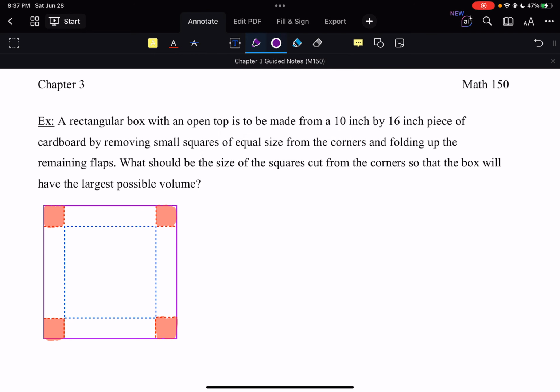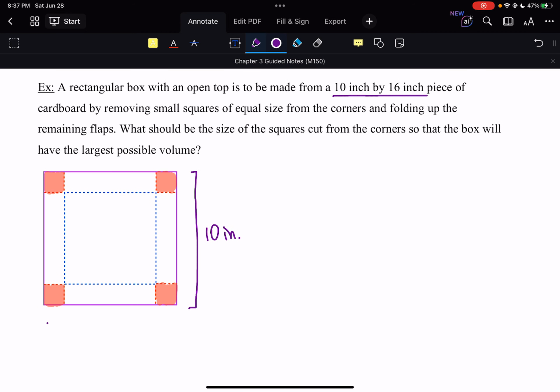Okay, so we know that the whole thing is 10 by 16. So this whole length here would be 10 inches. And then this whole length here would be 16 inches.